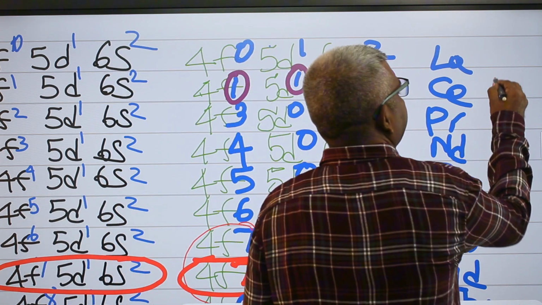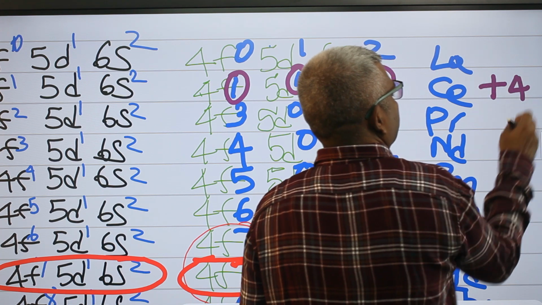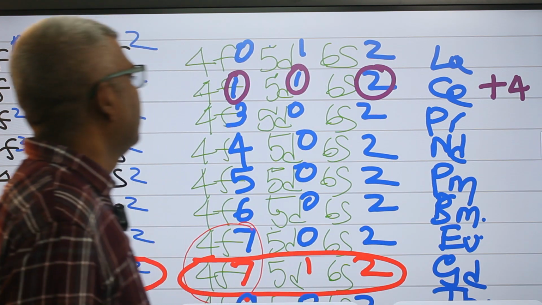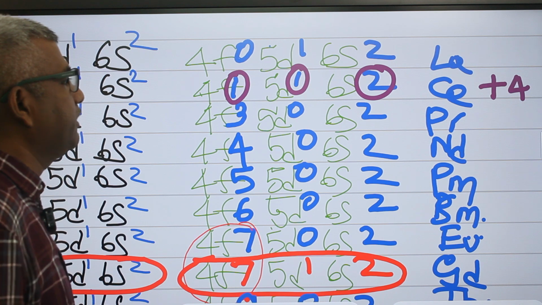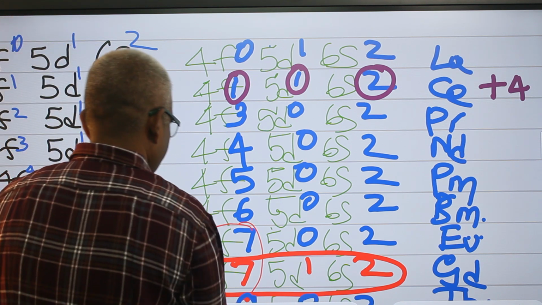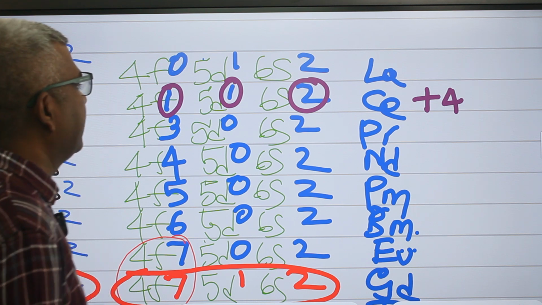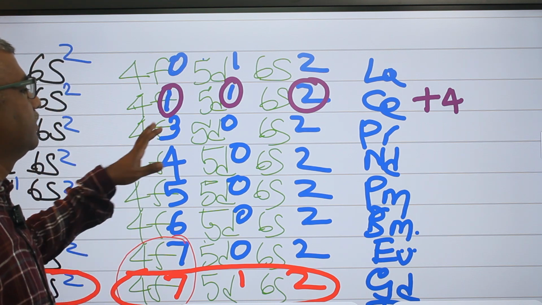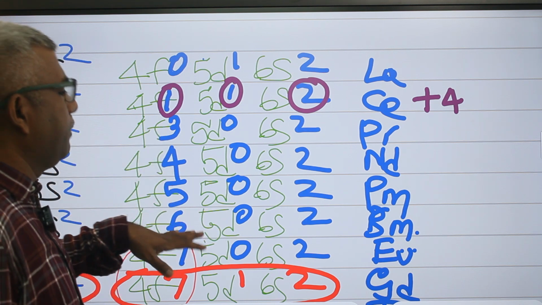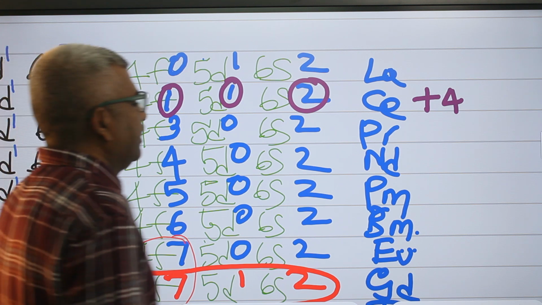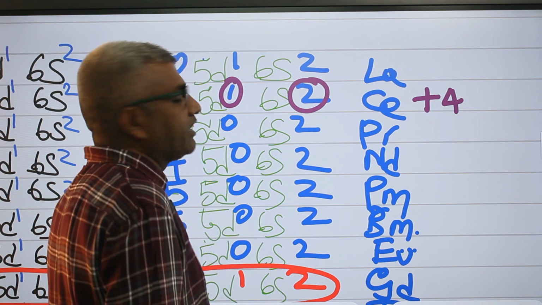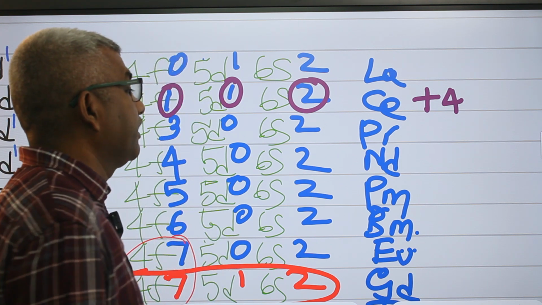So cerium will exhibit +4. Then praseodymium, neodymium, I will come back to you later. These also exhibit +4 when forming oxides.